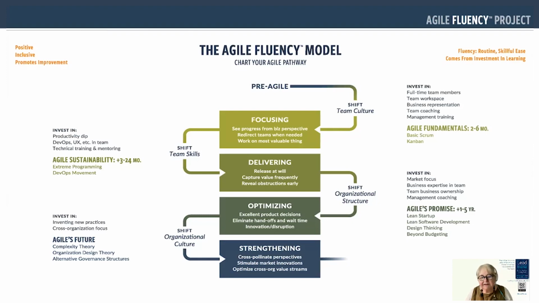The little tail that's coming off of strengthening zone has to do with some of the teams I'm beginning to see out there in the world whose focus is not on the stories, not on the features, not on the product, not on the organization, but on the good of the community or societal good. And that's what's driving the behaviors of those teams.